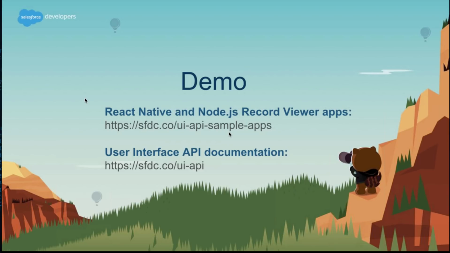But basically, the UI API gives you already what you need to build on Heroku. I don't know what more APIs you would build in Heroku. But basically, you can build Heroku pages that reflect layouts that have been configured in Salesforce.